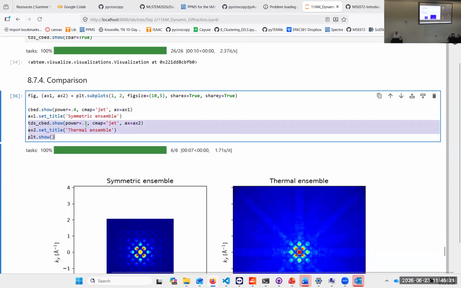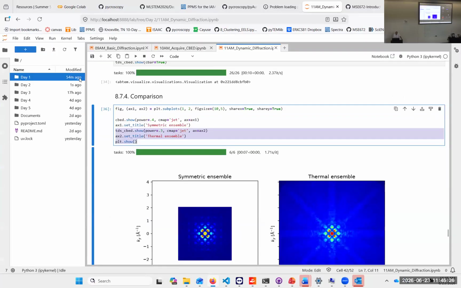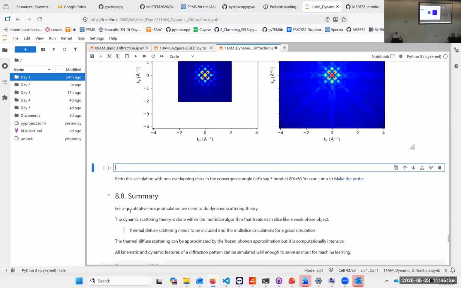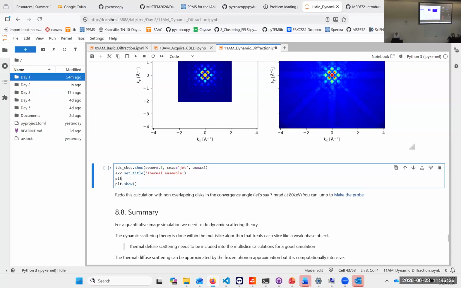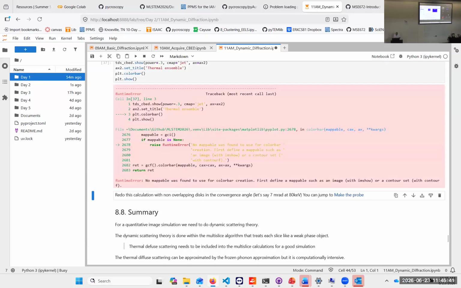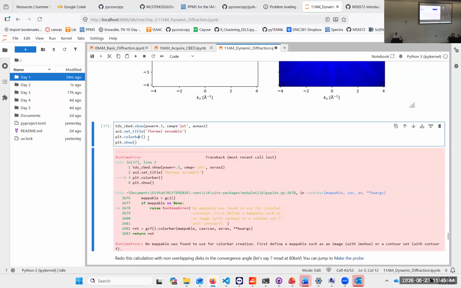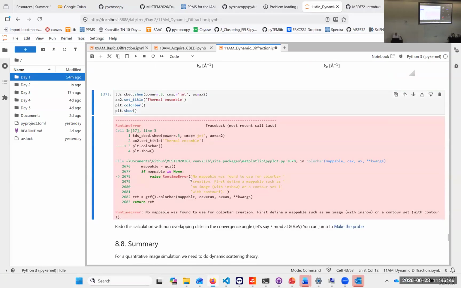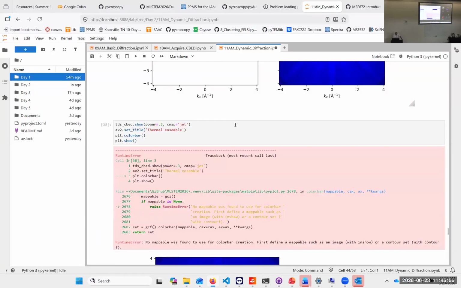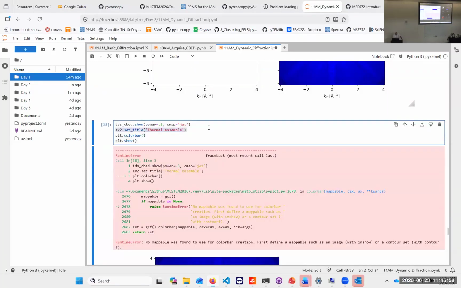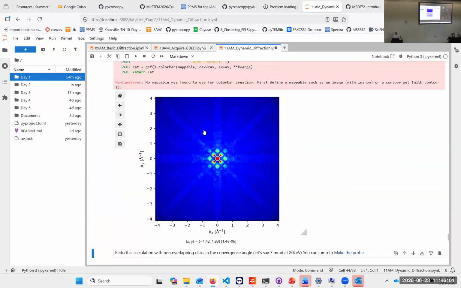So if we only plot this thermal ensemble now, zoomed out, plus. No. Okay.